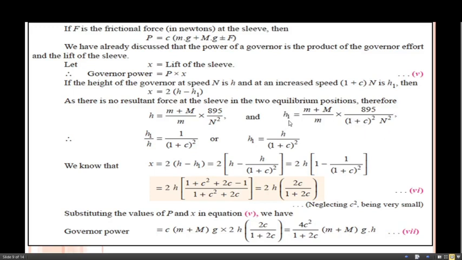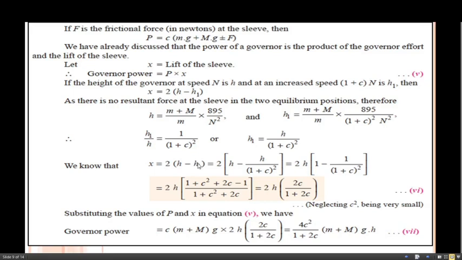So divide h1 by h. Dividing this term by this term, the common terms get cancelled and the remaining part is 1 divided by (1 plus c) whole square. So h1 is h divided by (1 plus c) whole square. Already we have the relation x equals 2 into (h minus h1).